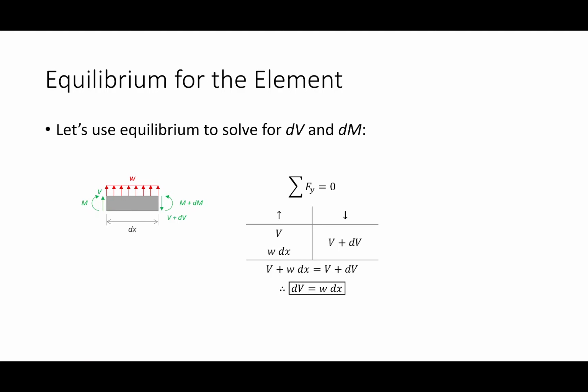That's what I'm doing here. So we've got V plus this going up equals V plus this going down, so these two terms have got to be equal to one another. Just subtract V from both sides, so I'm getting dV equals W dx.